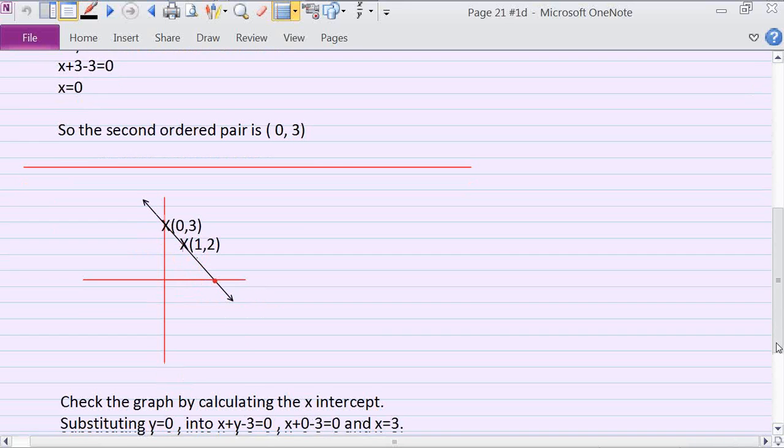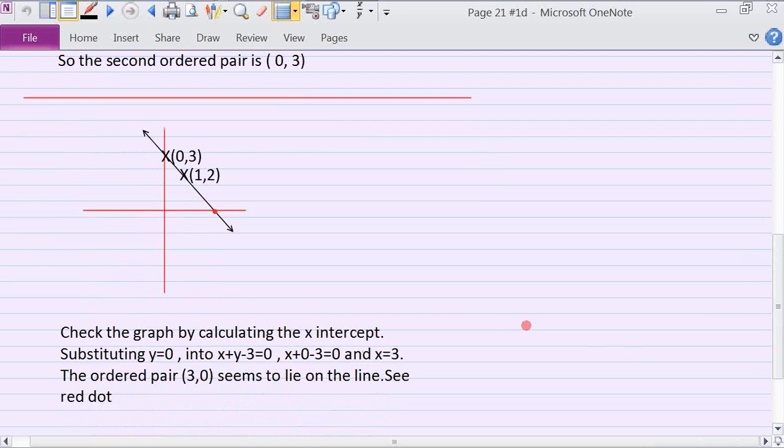Now what I'm going to do is check for another point to make sure that these points are correct. I just randomly choose a number, usually a low number, and I'm going to choose here because it's very obvious, this line here. I can see right here, this is the x-intercept and y equals 0 there.